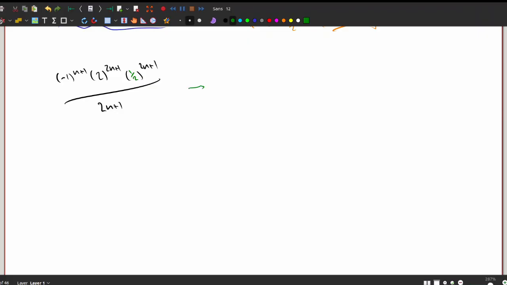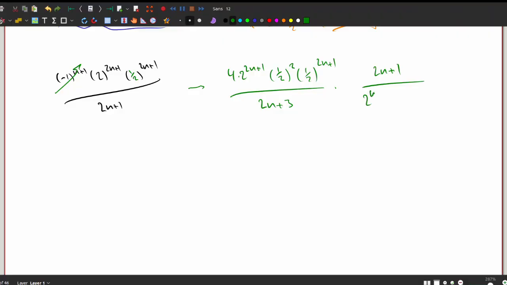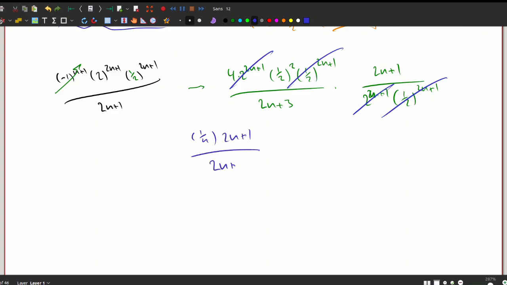So I'm going to write this as, once again, ignoring the negative 1 term, 4 times 2 to the 2n plus 1, 1/2 squared times 1/2 to the 2n plus 1 over 2n plus 3 times the reciprocal, 2n plus 1 over 2 to the 2n plus 1 times 1/2 to the 2n plus 1. These all cancel. What we're left with is 1 over 4, 2n plus 1 over 2n plus 3.